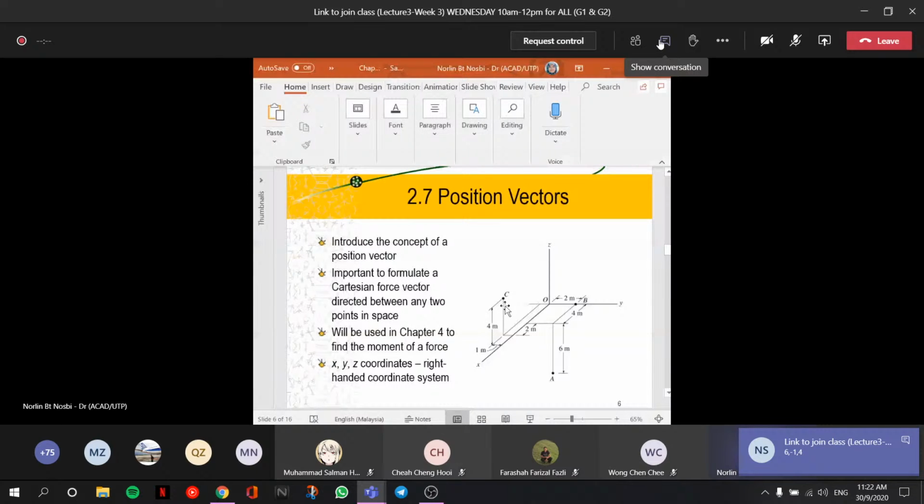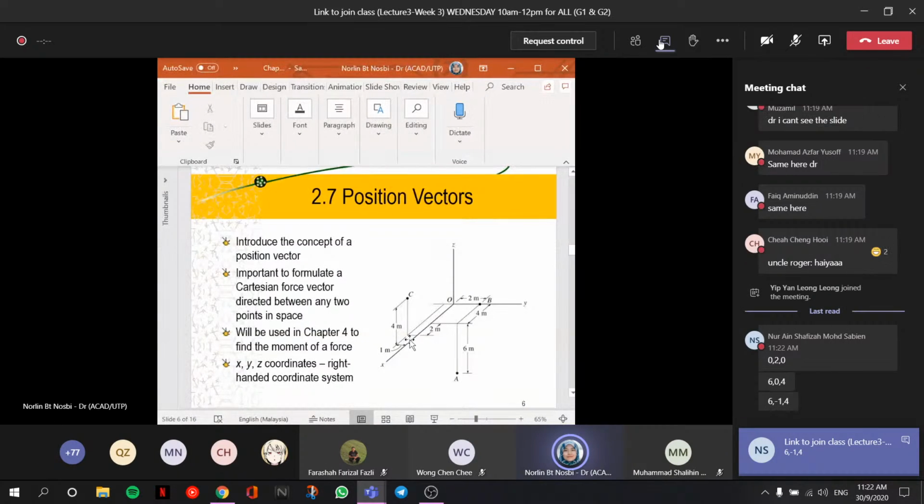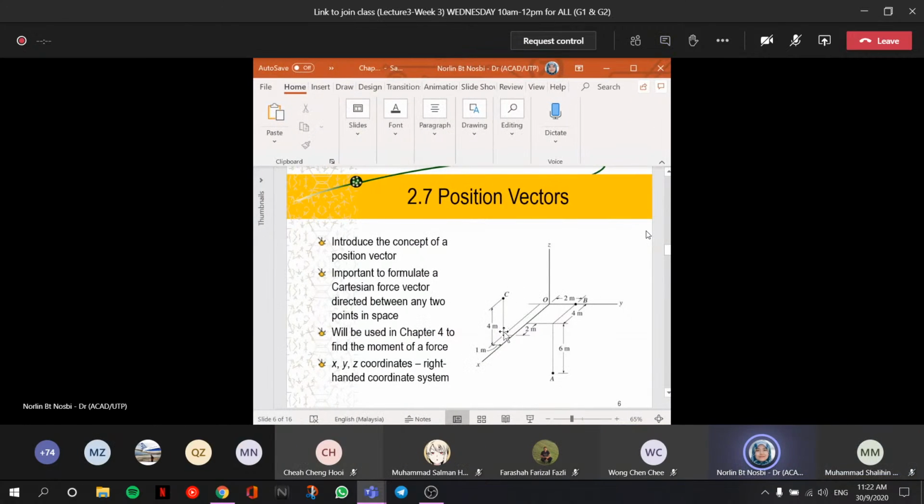So the position vector is 6i, negative 1j, and then positive 4k. Yeah. Okay. For example, this coordinate just now is 6, negative 1, and 4, right?